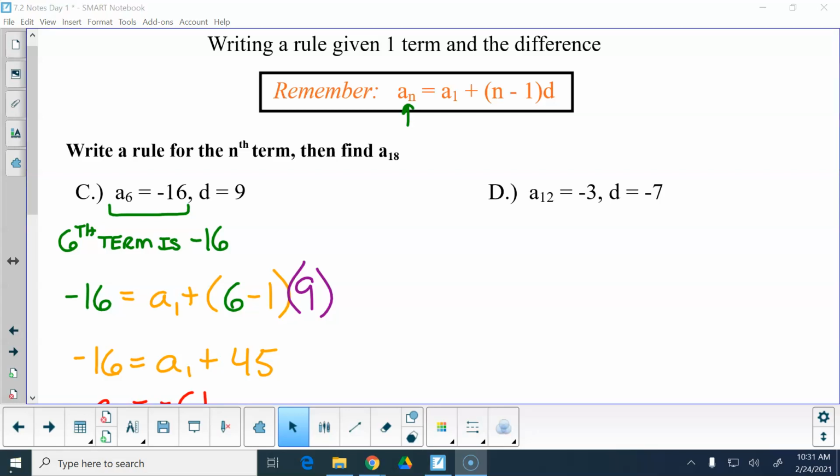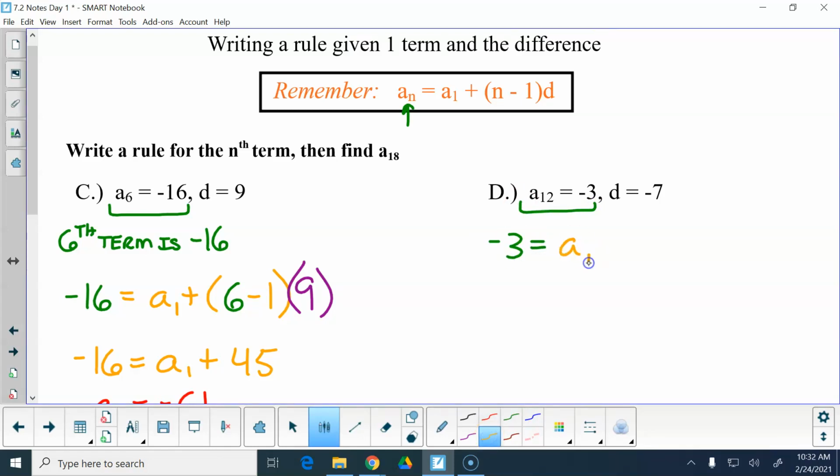So the 12th term is negative 3. So negative 3 would equal a sub 1 plus 12 minus 1 times my common difference. My common difference would be negative 7.